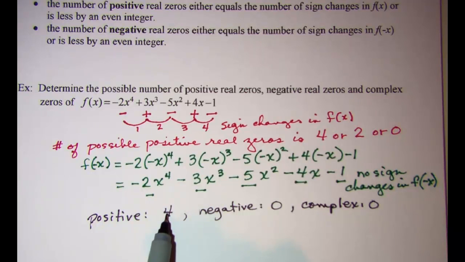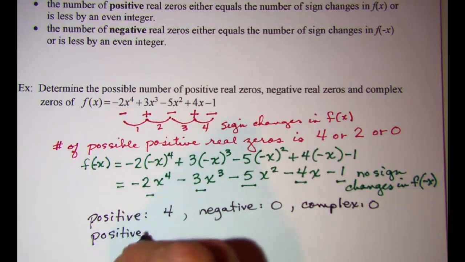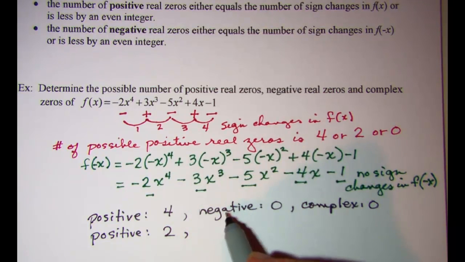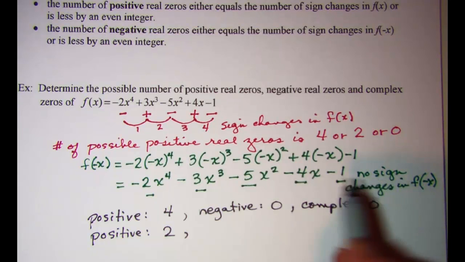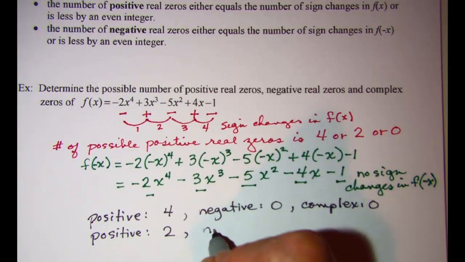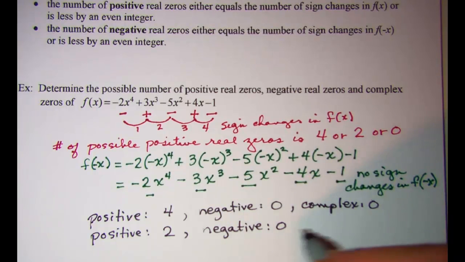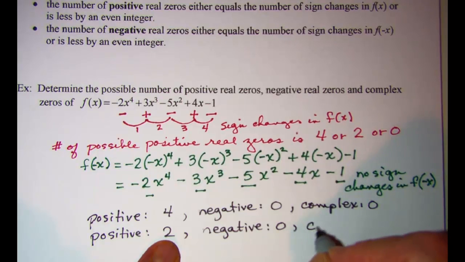Now, we're going down by an even number, so if we have 2 positive zeros, I can't have any negative zeros because Descartes' rule of signs says that since there's no sign changes in f of negative x, there's no negative zeros. So I can't have any negative zeros, which means that my other 2 zeros are going to be complex.